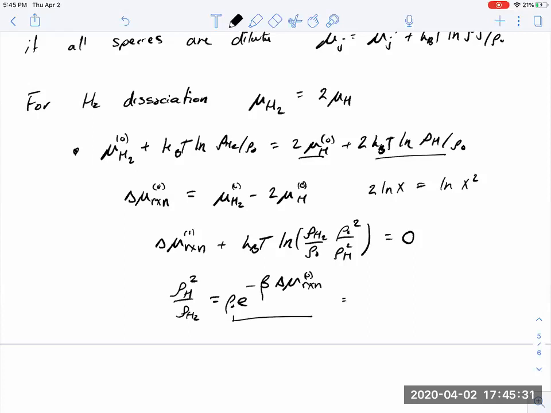Again, that's some generic function of, say, temperature. So you would call that function of temperature an equilibrium constant. We've just derived the law of mass action, or what microscopically equilibrium constants actually mean.